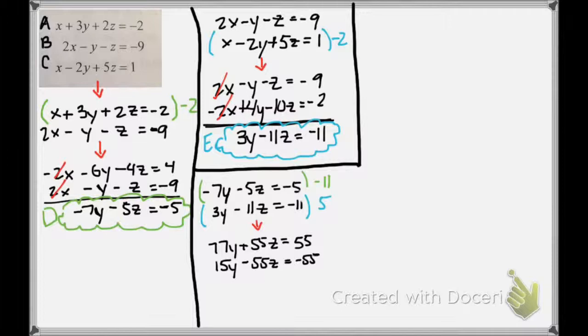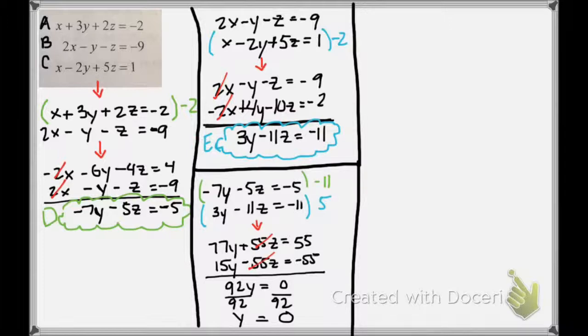This will make -11z, -55z, and -11, -55. This cancels out -55z and 55z, 55 and -55. So that becomes 0, and you get 92y equals 0. You divide both sides by 92 to get the y by itself, and y equals 0.